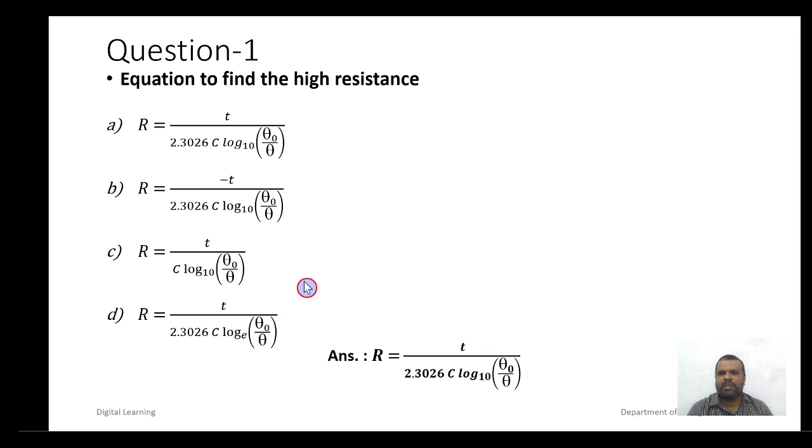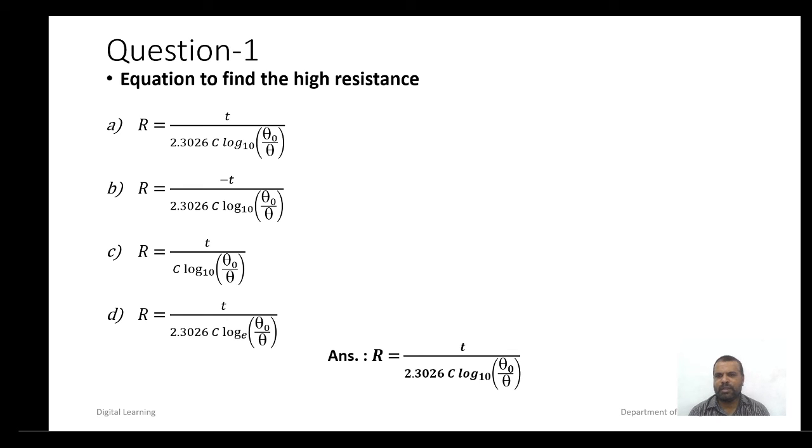On the basis of this session, we have some objective type questions. Question number 1. Equation to find the high resistance. The options are: Option A, R is equal to t divided by 2.3026 into C log of theta naught divided by theta to the base 10. Option B, R is equal to minus t divided by 2.3026 into C log of theta naught by theta to the base 10.